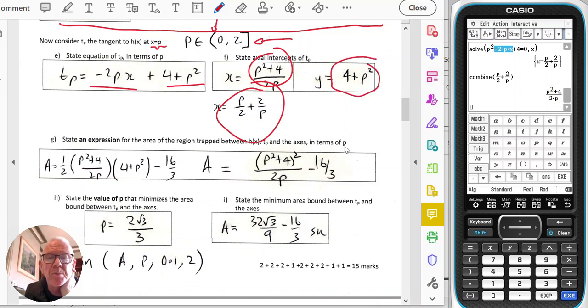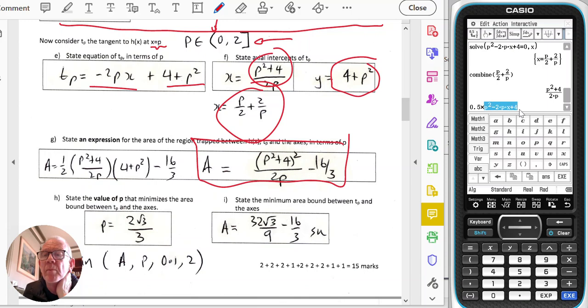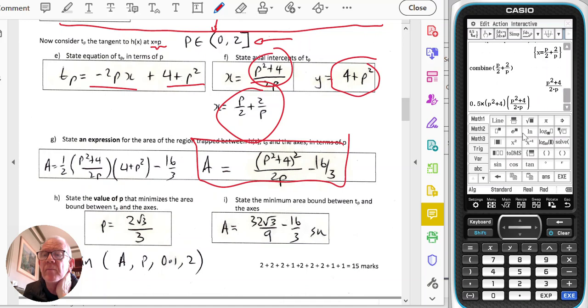Okay, now to find an expression for the area that's trapped will be a half, 0.5 by bracket around all of that and get rid of that bit, and then put a bracket in and grab this and put that there.